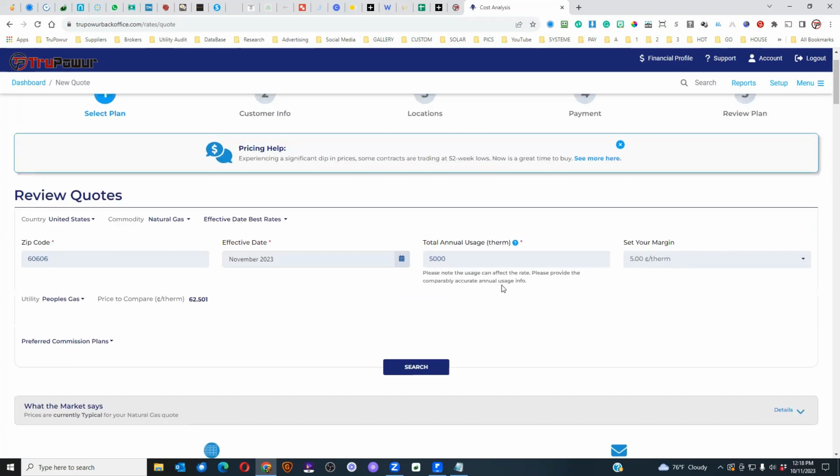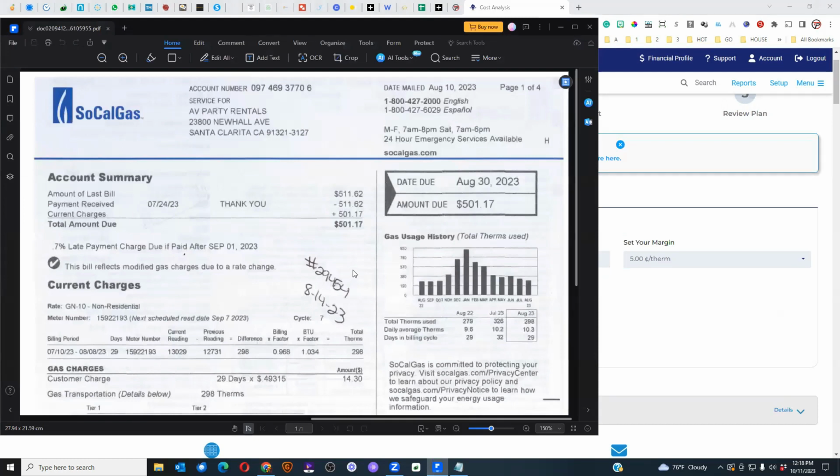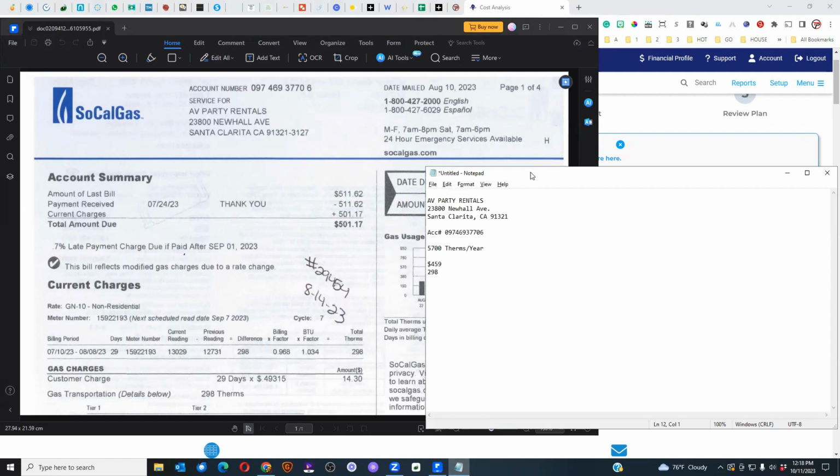So if we are going to put in the price to compare, how do we calculate that? Well, it's kind of interesting. So I am going to pull up a bill, and a lot of times when I'm entering things into the system, I don't want to have to go back and forth. So what I typically will do is pull up a notepad so that I can just put it right alongside.